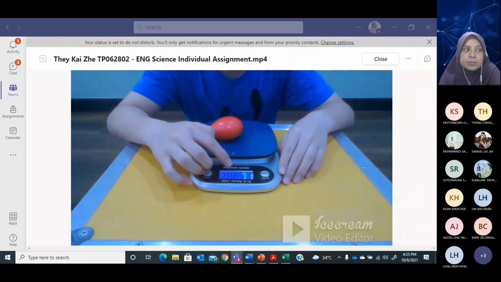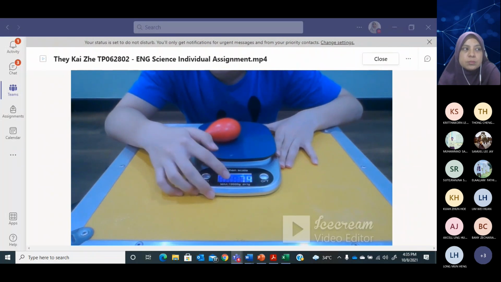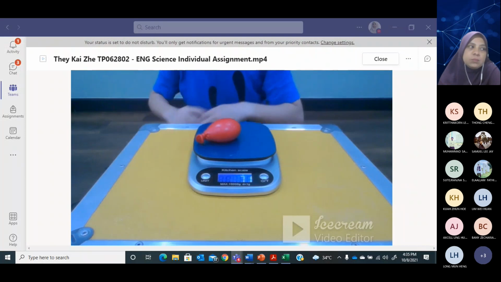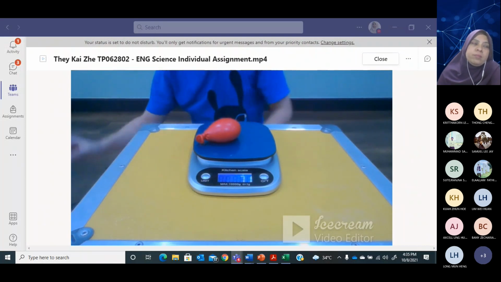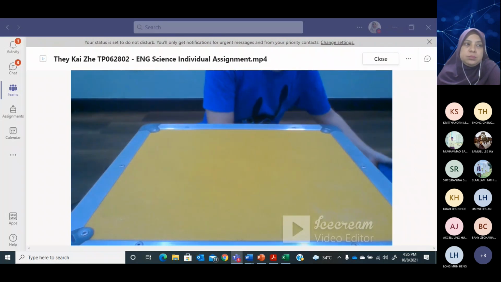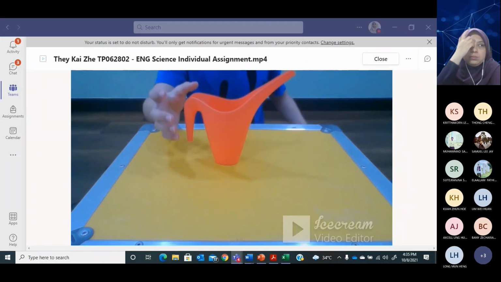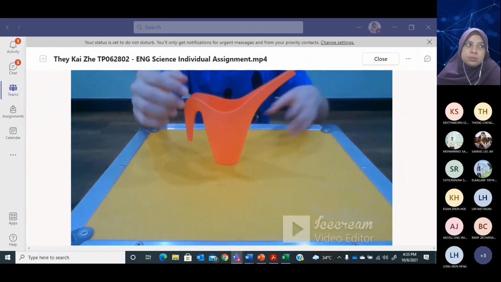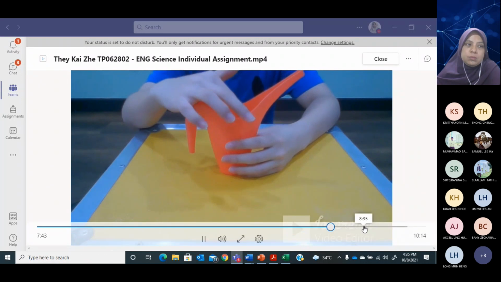As you can see, it is 71 grams. And next I will fill the watering cup back until it is through this.